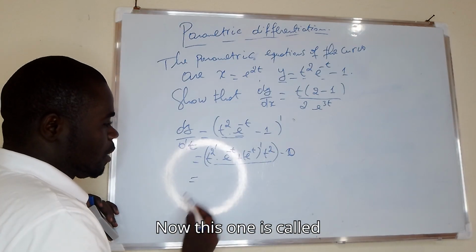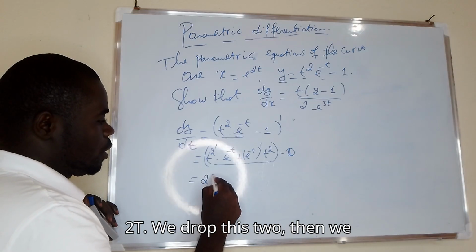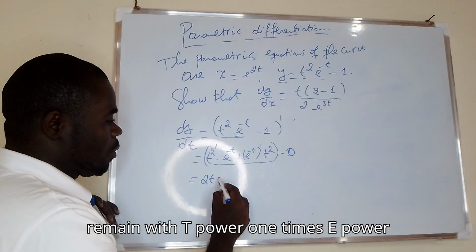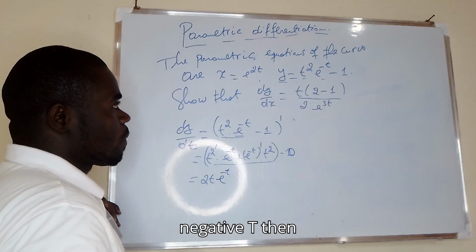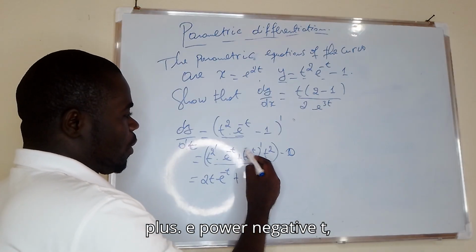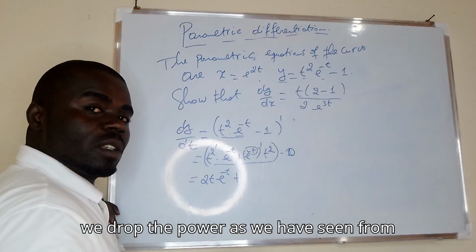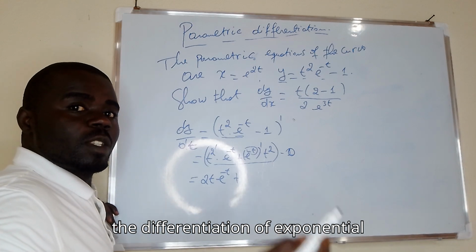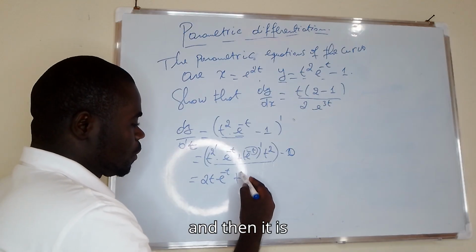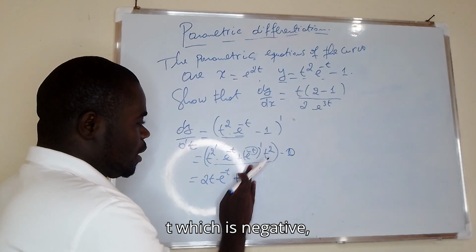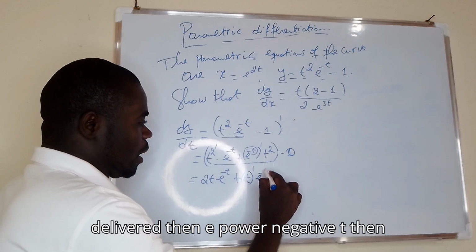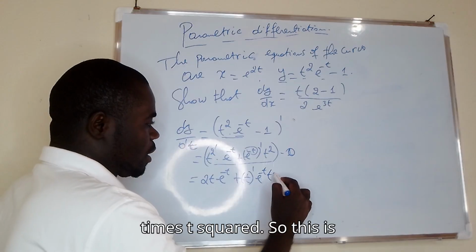Now, the derivative of t² is 2t. We drop the 2, then we remain with t to the power 1 times e^(−t). Then plus e^(−t) differentiated: as we have seen from the differentiation of the exponential function in the previous videos, we drop the power, which is negative t, then e^(−t), then times t².